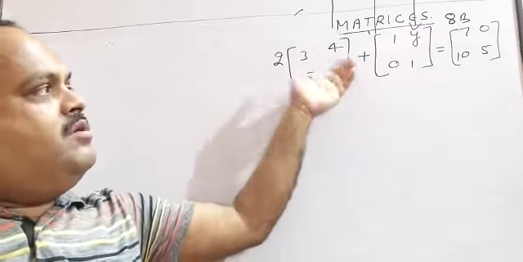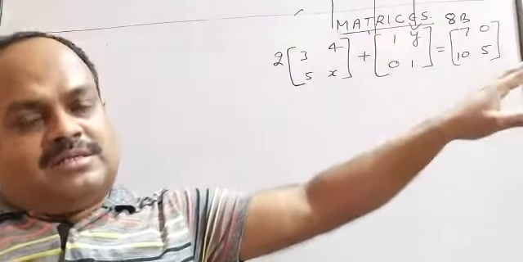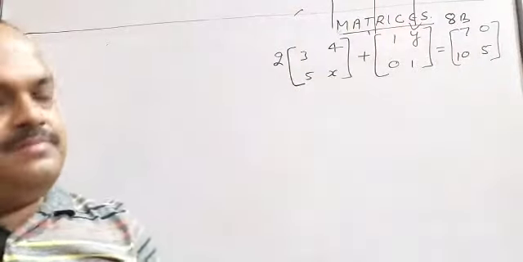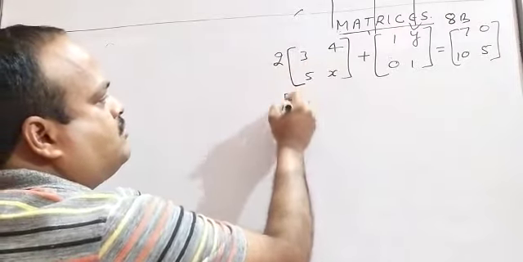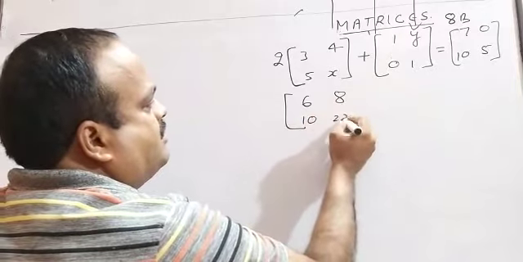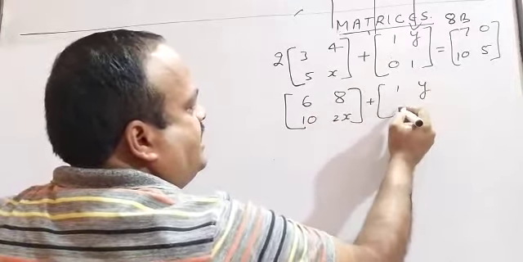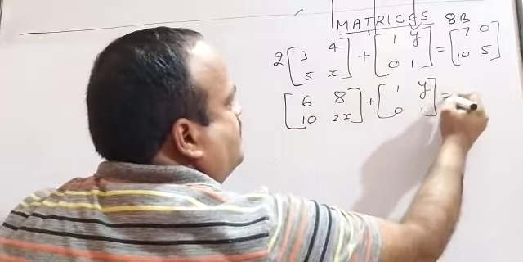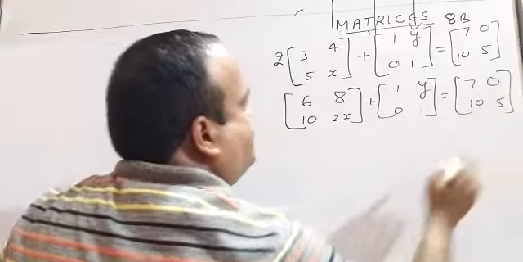Then we will compare the elements of both the sides. Let us multiply this matrix by 2. We get [6, 8; 10, 2x] plus [1, y; 0, 1] is equal to [7, 0; 10, 5].